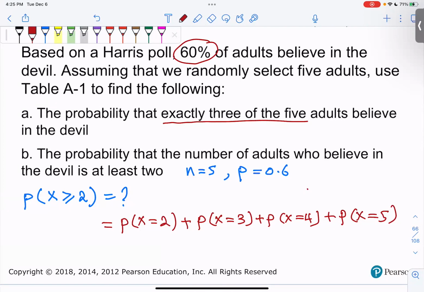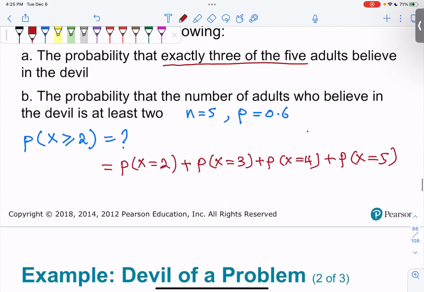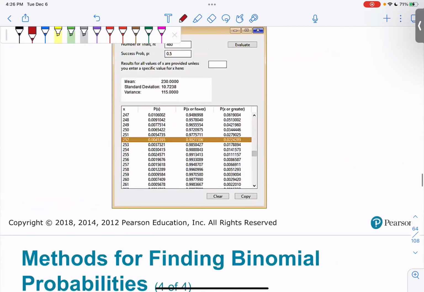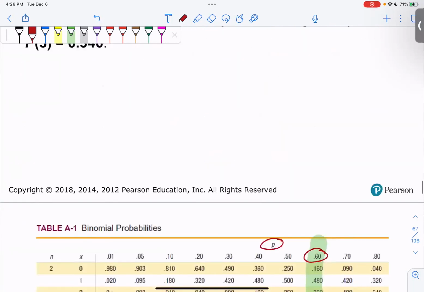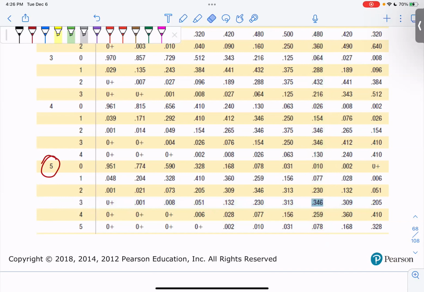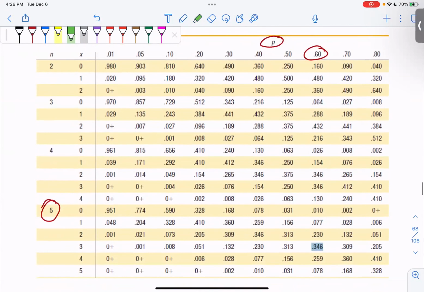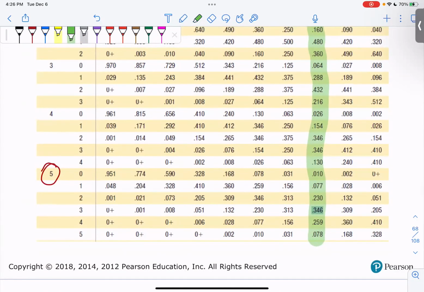Or just take the summation. If you want to use this table, then you would take the summation from 2 to 5. Again, p is 0.6 and n equal to 5, which are those values, right?